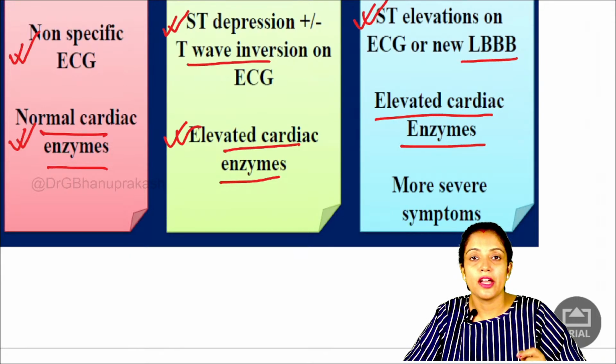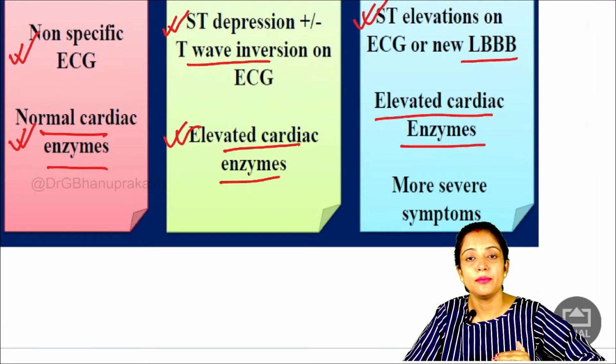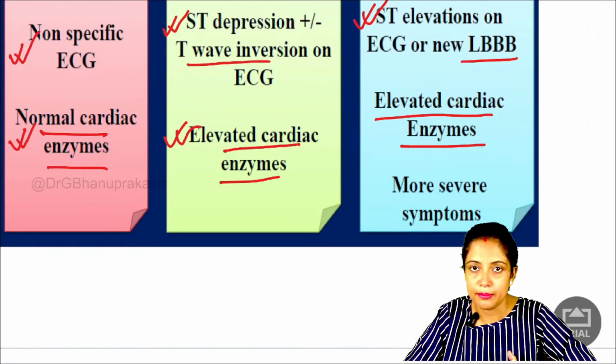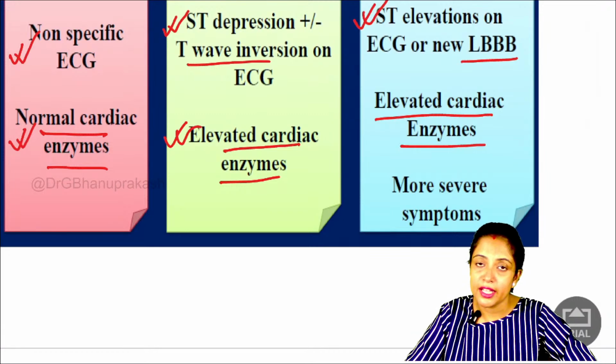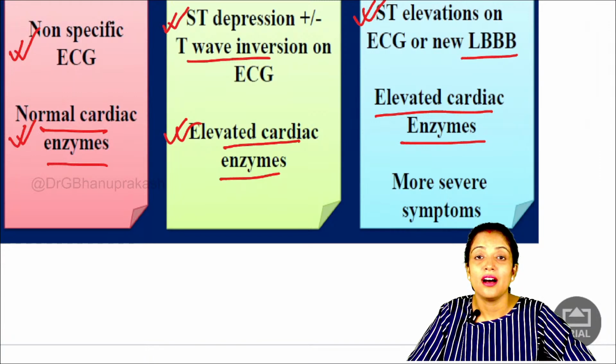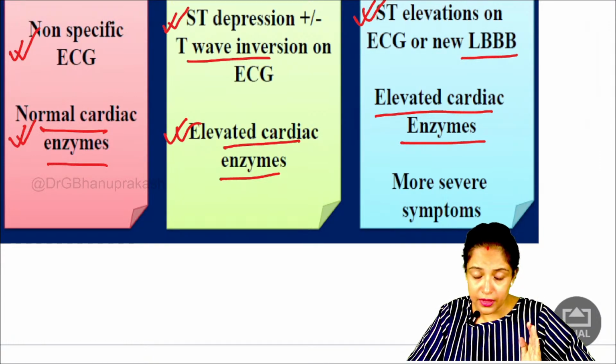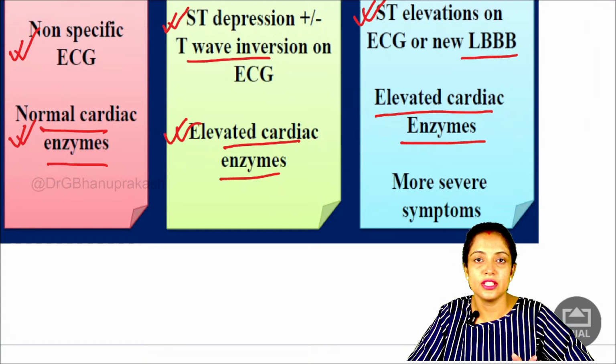So whenever there is myocardial necrosis, troponins will come into the blood and there will be an elevated level of troponin in the blood. If there is myocardial necrosis like in NSTEMI, we will get elevated troponin, that is a raised cardiac biomarker. And if there is no necrosis, there will be no elevation in the cardiac biomarker, for example, in case of unstable angina.